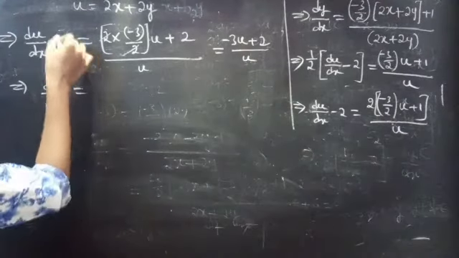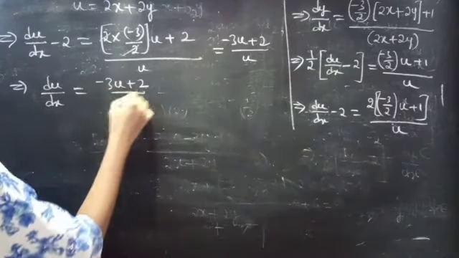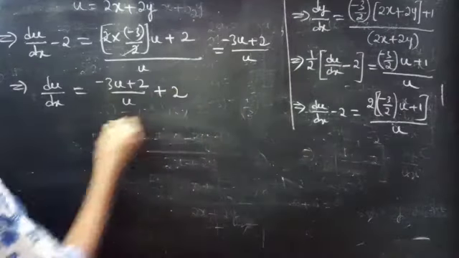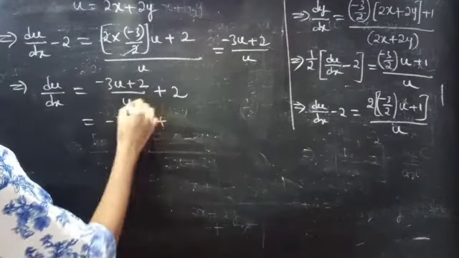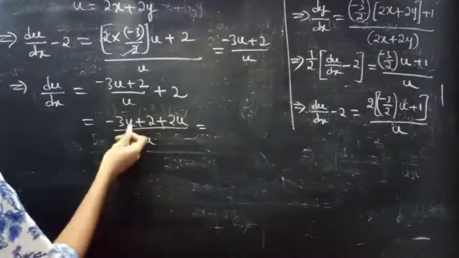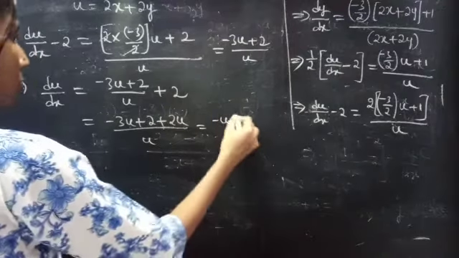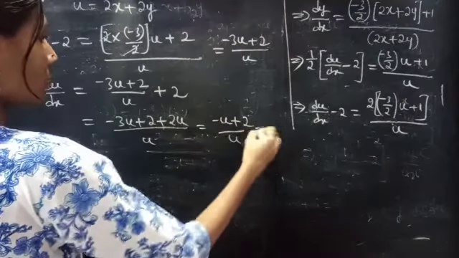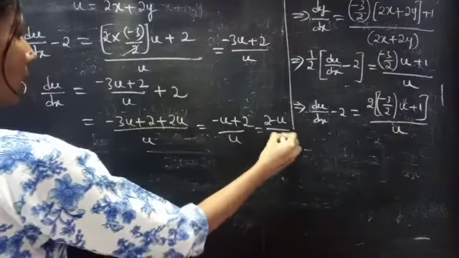Now take minus 2 to the RHS, you'll get minus 3u plus 2 by u plus 2, which equals minus 3u plus 2 into u, 2u by u, which is minus 3u plus 2u, that is minus u plus 2 by u. You can write this as 2 minus u by u.